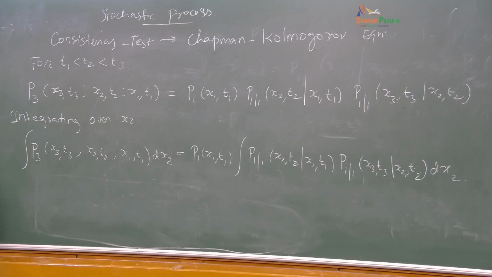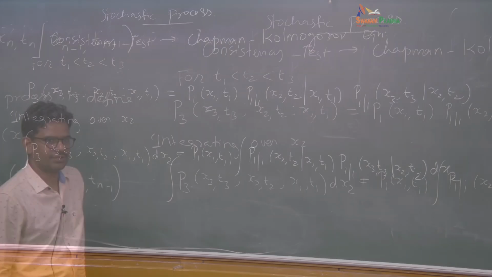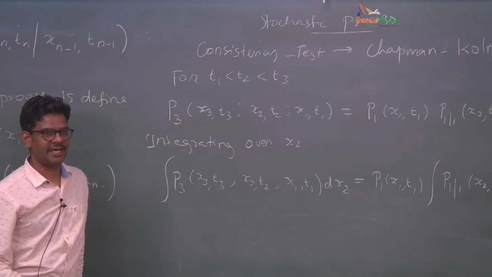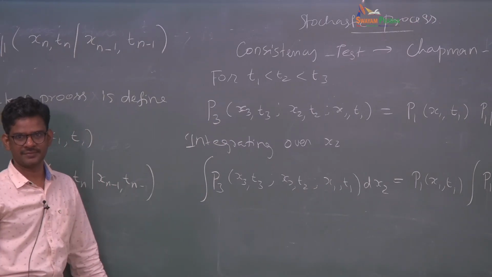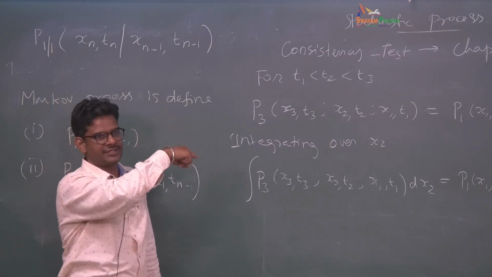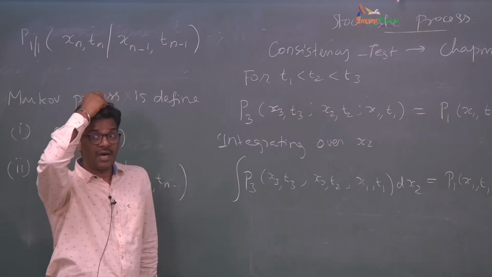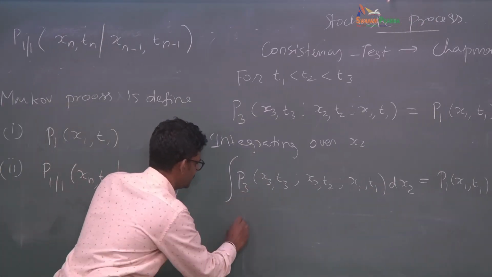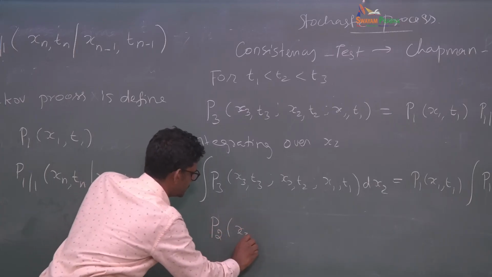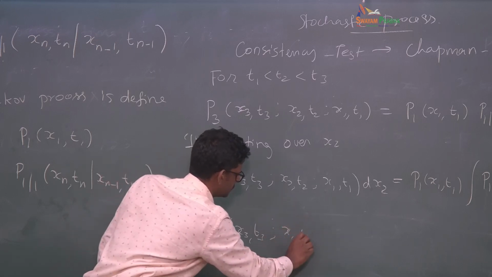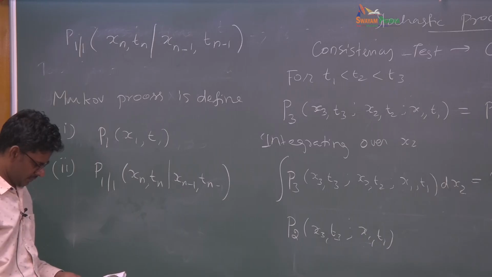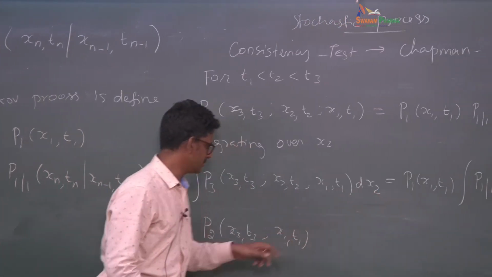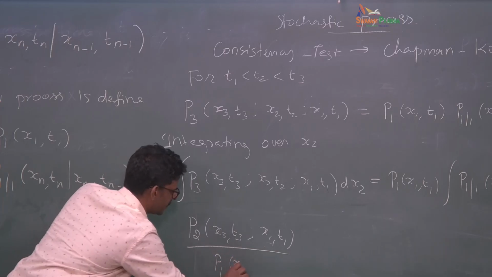When we do this, remember that we talked about the marginal distribution, right? Here I have x1, x2, x3, that's a joint distribution. I am integrating out only x2. What I get is a marginal distribution of only x1 and x3. If you go back to the initial discussion where we talked about the marginal distribution by integrating out certain variables, here we are integrating out with respect to x2. So what you will get here is p2(x3, t3 and x1, t1). So you get a marginal distribution when you do this integral, and then you bring this down, p1(x1, t1).